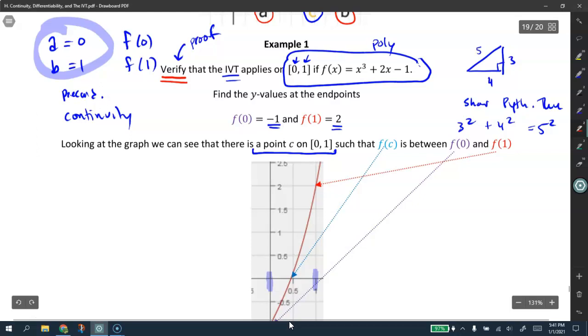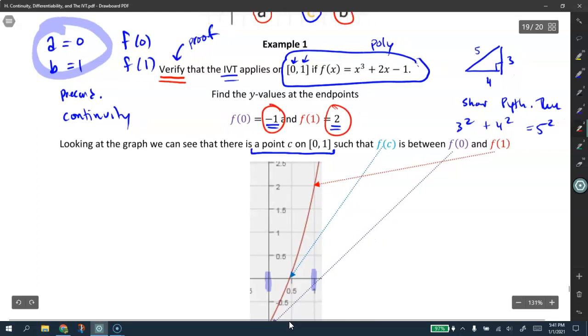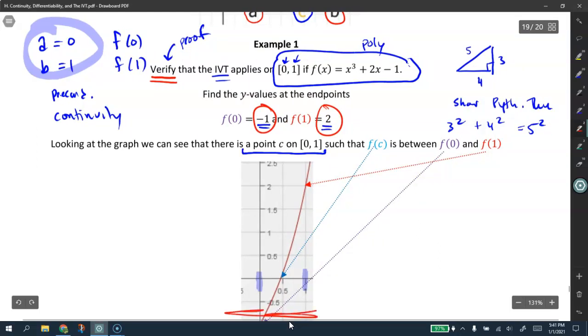And basically what you'll notice is that number's y value is going to be between negative 1 and positive 2, meaning it's going to be between this over here and this over here. It's got to be somewhere contained here.